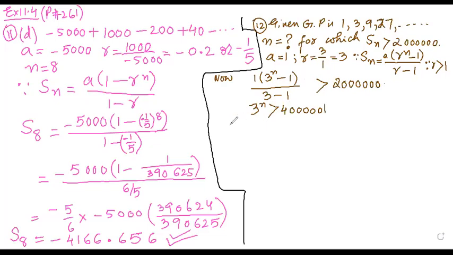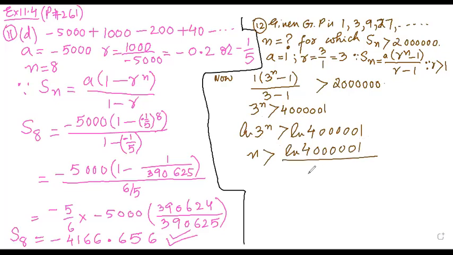Now what should we do? We will apply log here. So I am applying ln on both sides. After applying this, n is greater than ln 4001 upon ln 3.